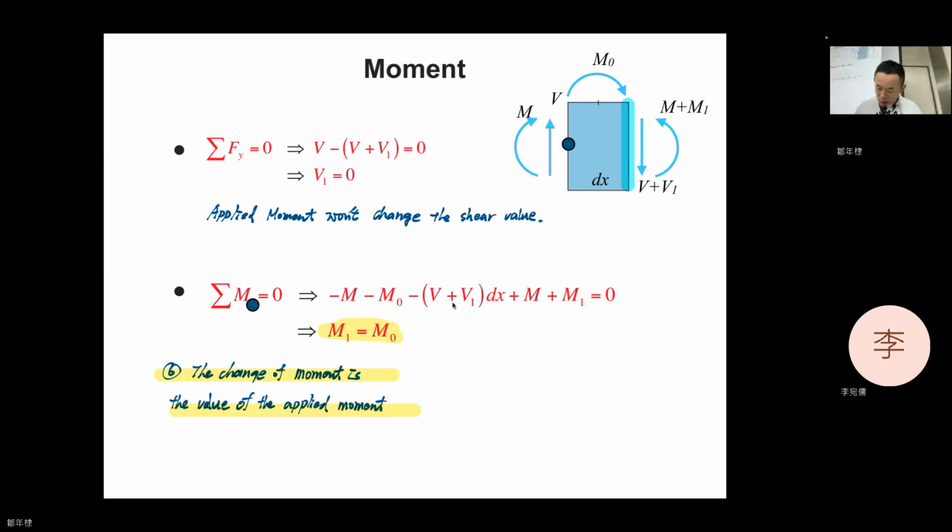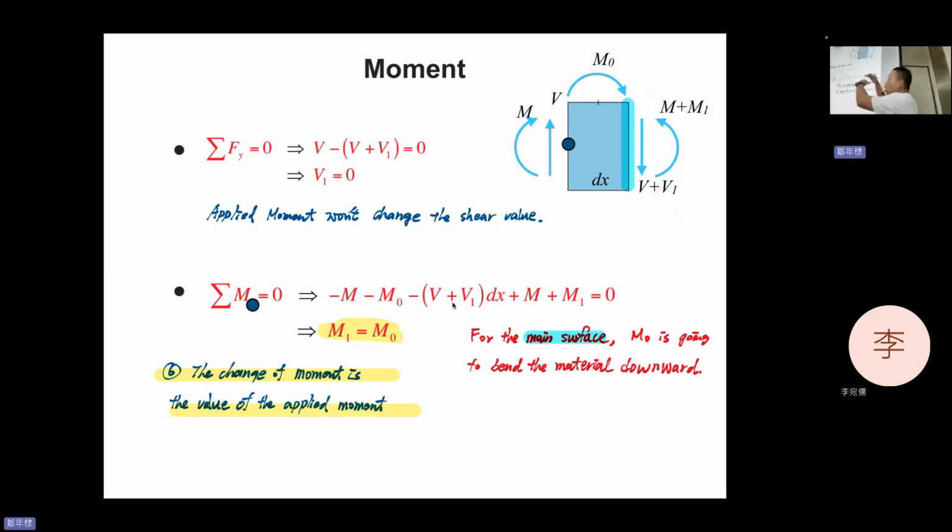So when we apply M naught, for the main surface, M naught is going to bend the material downward, right?